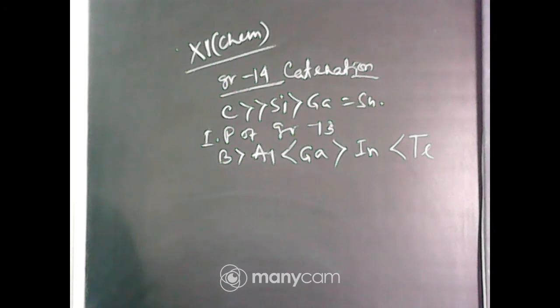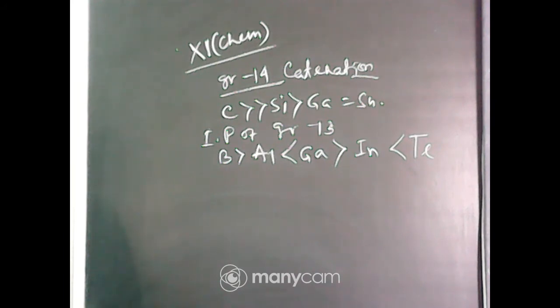The reason for small radius of gallium compared to aluminium is: A, poor shielding effect of d and f orbitals; B, increase in nuclear charge; C, presence of higher orbitals; and D, higher atomic number.